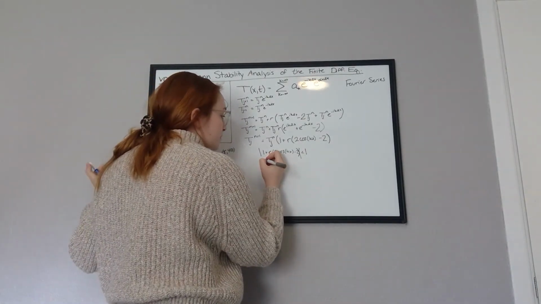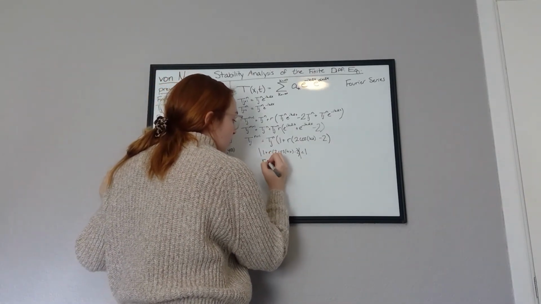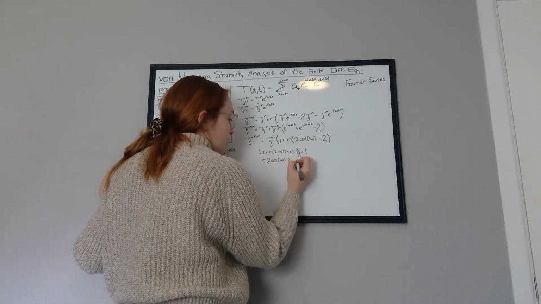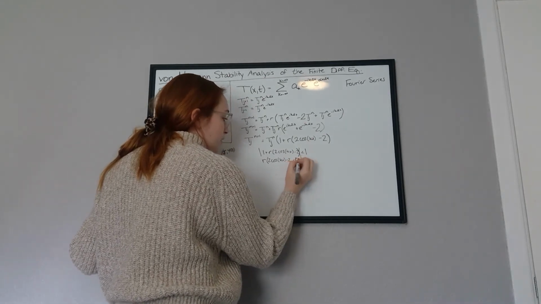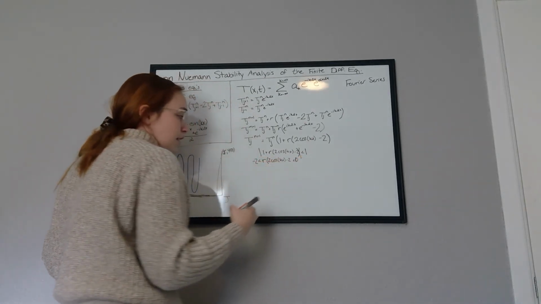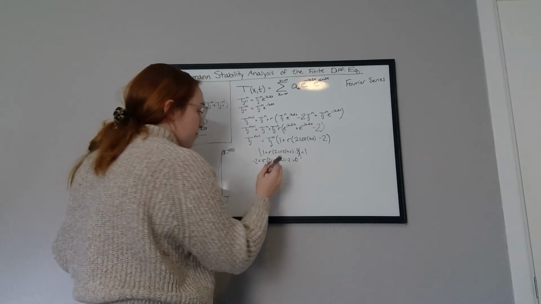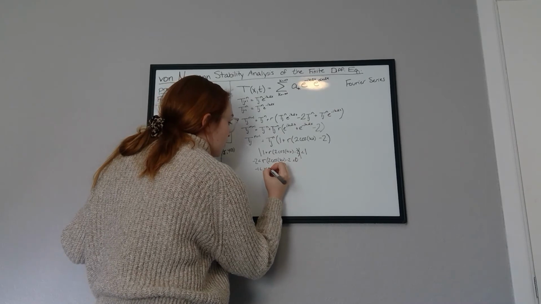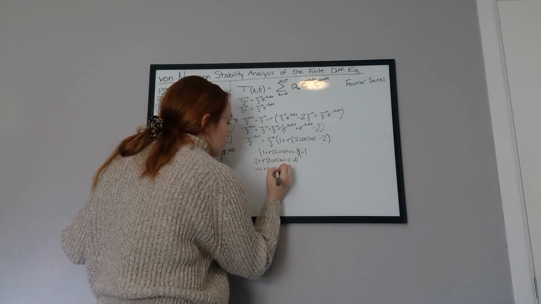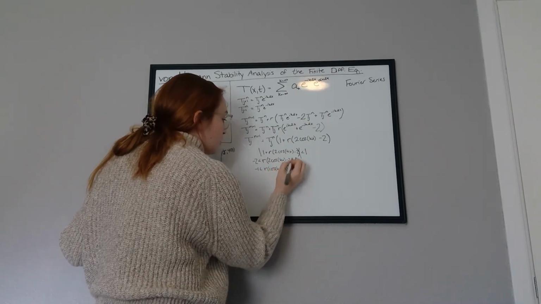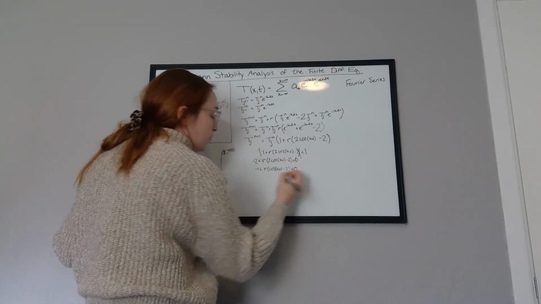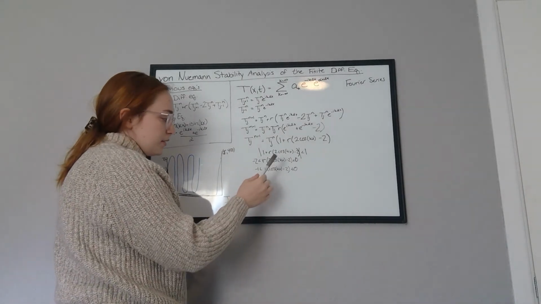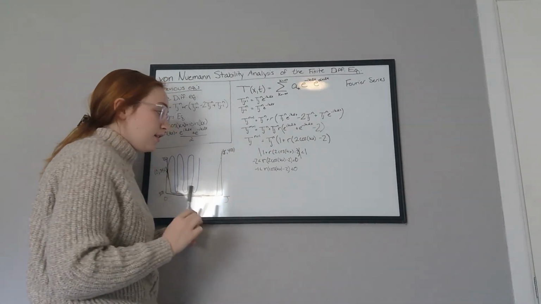So r times 2 cosine of k x minus 2 is between 0 and negative 2, and we can pull out the 2. That was dividing by a positive 2, so the inequalities stay the same.